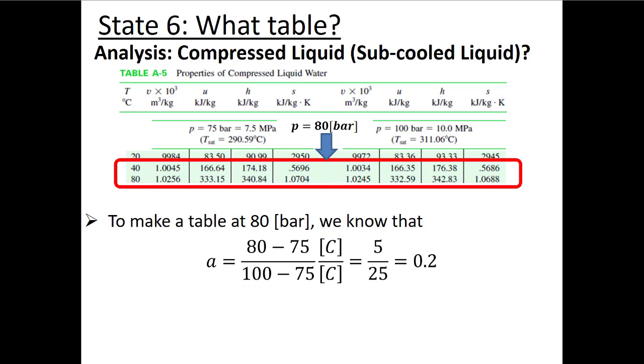Unfortunately for us at this point, part of this process has been, well, what happens when we're trying to figure out what's going on in these compressed liquids? So maybe you've looked at these compressed liquid tables and you've seen that they're a lot more sparse. There's a lot less data for compressed liquids than there is for, say, superheated vapors. And there are maybe two reasons for that, right? One of them could be that the people who were making the textbook were cheap and didn't want to put a lot of tables in there, right?